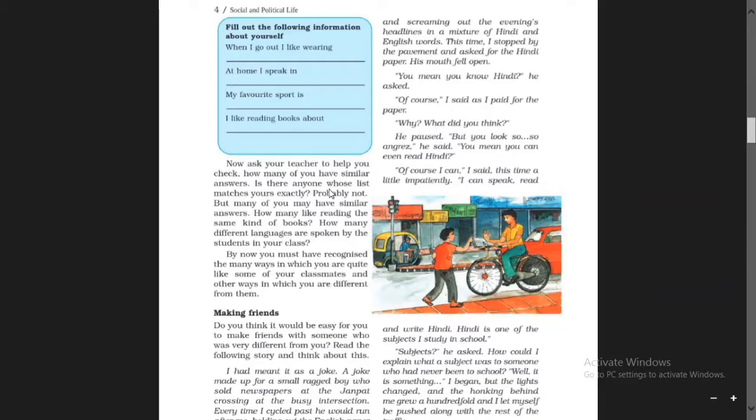Is there anyone whose list matches yours exactly? Probably not. See, the first question: when I go out, I like wearing this dress.